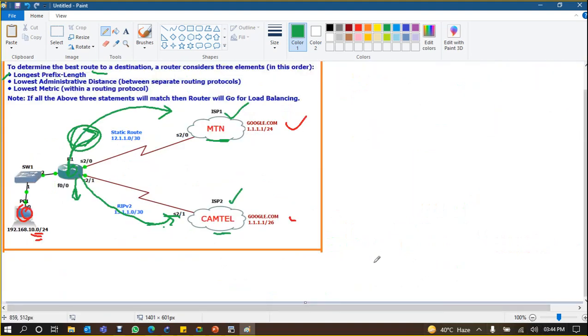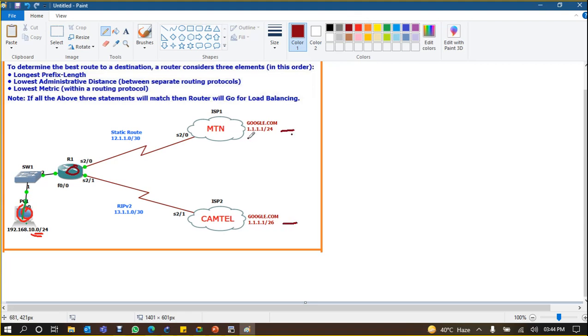Now tell me, if this PC wants to communicate to Google, can you see the Google subnet mask?